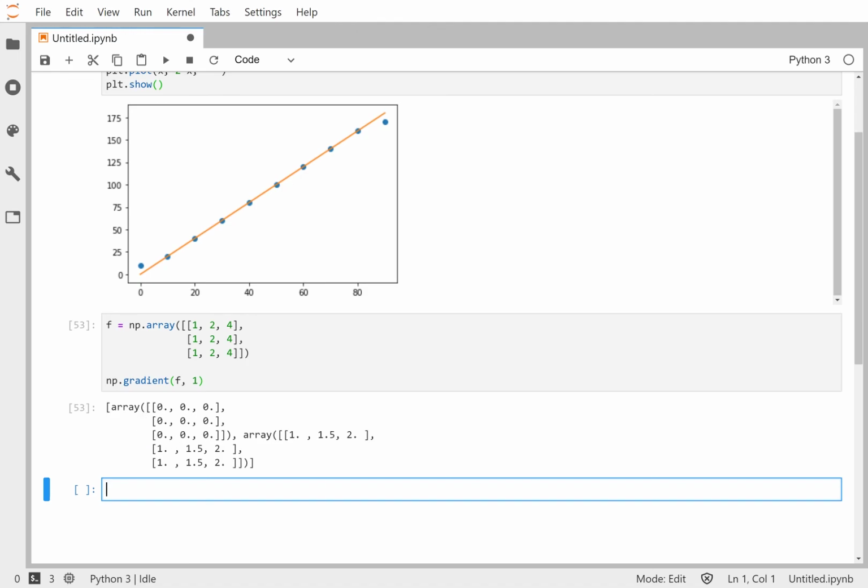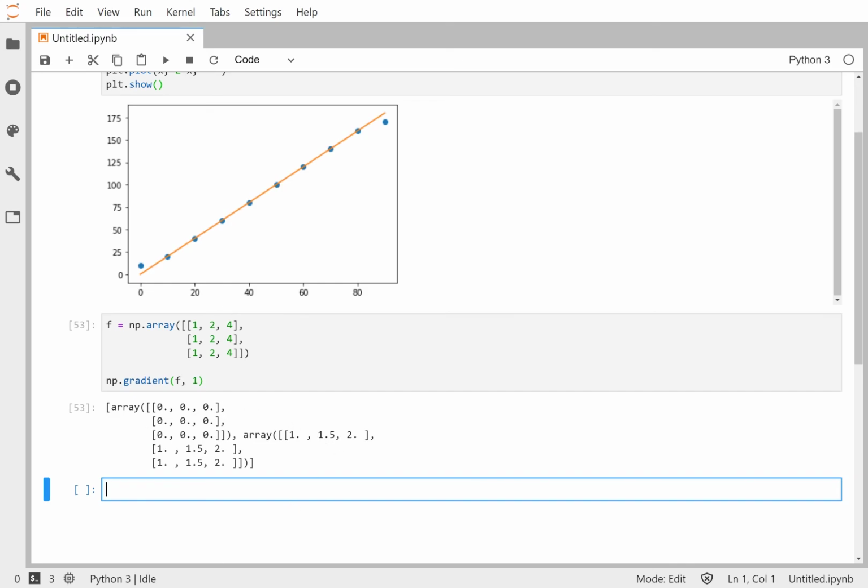The first one that came out was all zeros, the second one that came out was 1, 1.5, 2. Where do those numbers come from? Well, as I move left to right, that's clearly a step of 1, that's doing a forward difference, like a really easy forward difference. 2 minus 1 divided by 1. This step here is a backwards difference, that's 2. And what was in the middle, that was a central difference, which is like averaging 1 and 2. That's how we get 1.5.